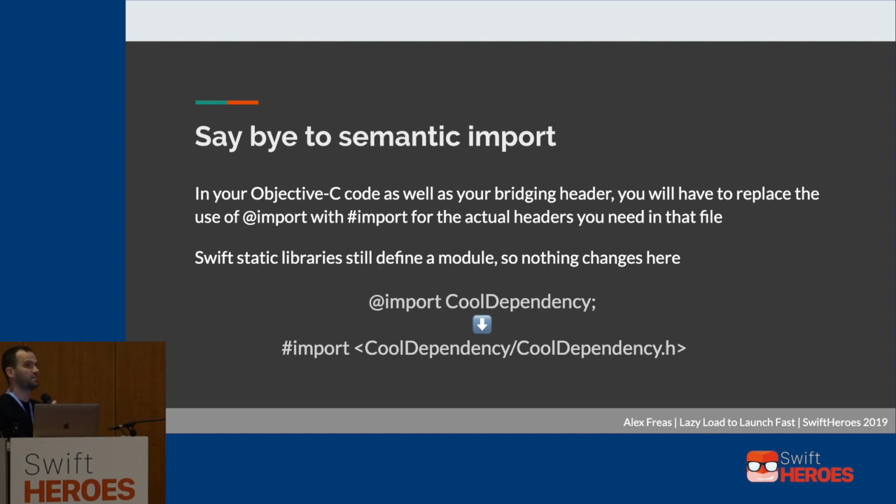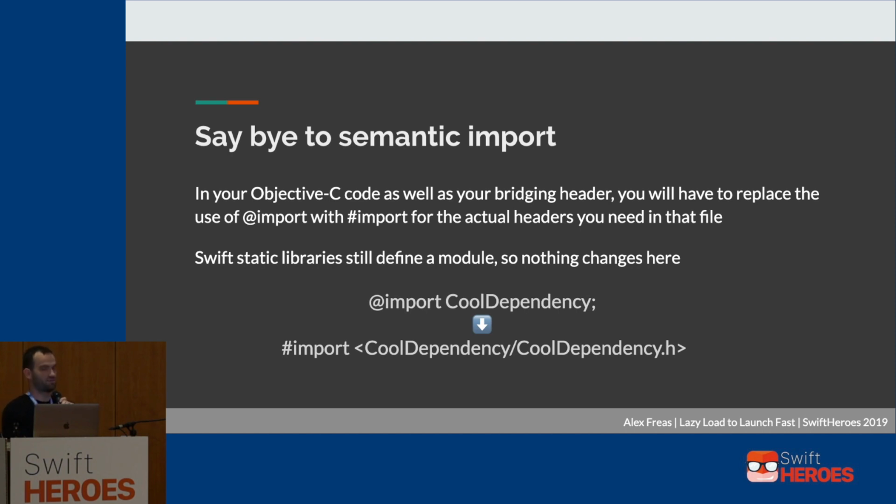Now, I'm pretty sure it's possible to define a module for that, but CocoaPods doesn't do this by default, so unless you want to make a module map for each one of these dependencies, it's probably just easier to include the headers that you actually need in the file.